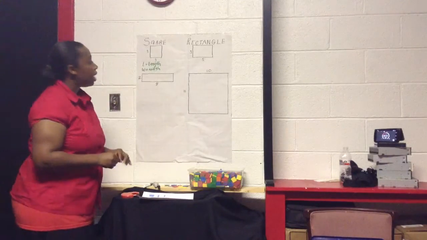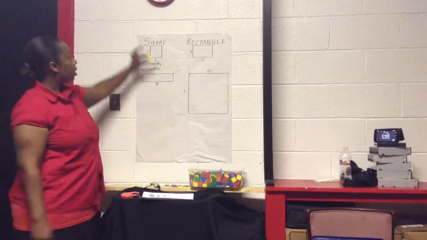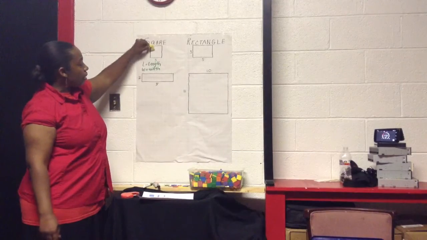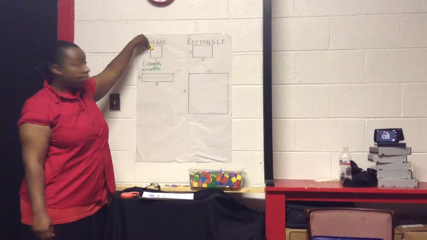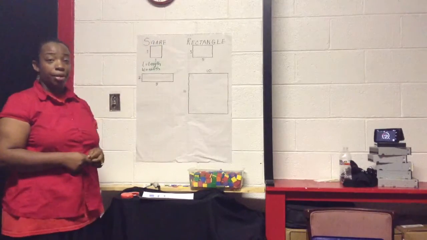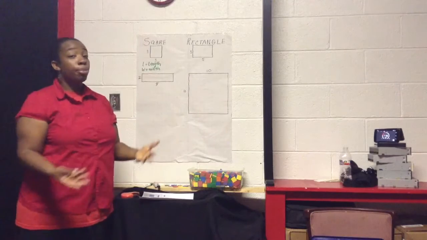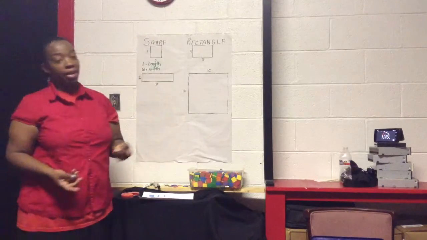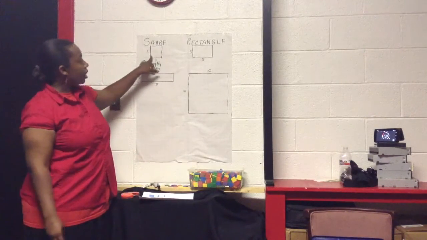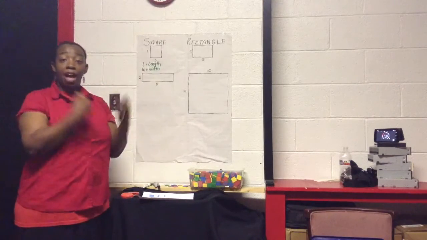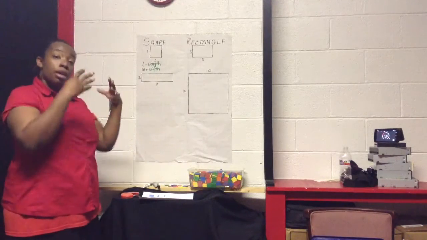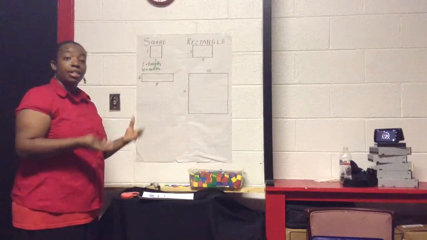And if you notice, the square unit matches up to each square inside this square. When we look at squares, we already know what perimeter is. We've learned what a perimeter is. Perimeter is all the sides of the figure added together.